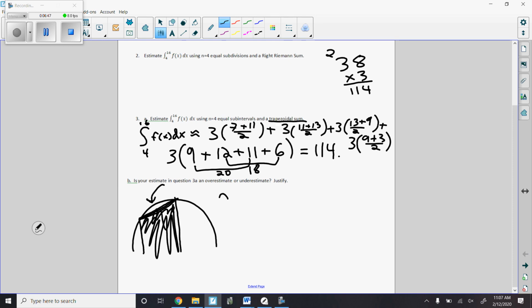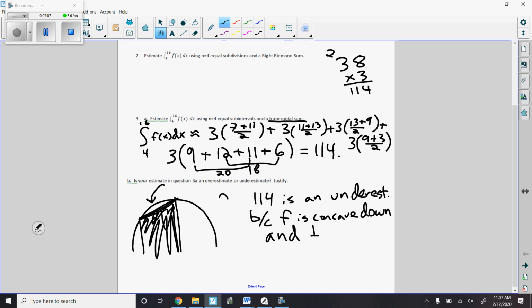I'm going to say 114 is an underestimate because the graph is concave down, and I did a trapezoidal sum.